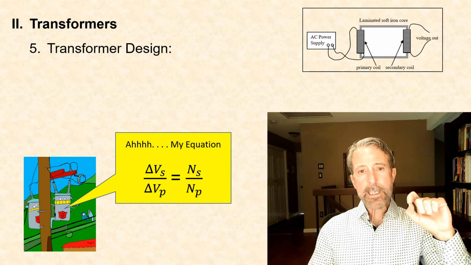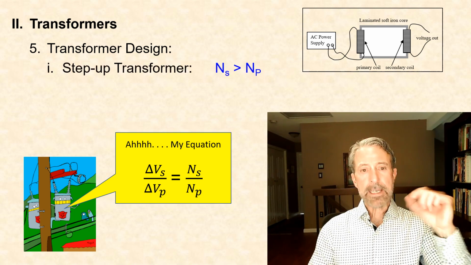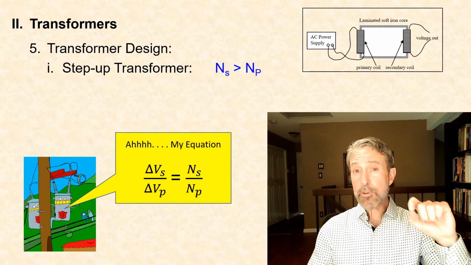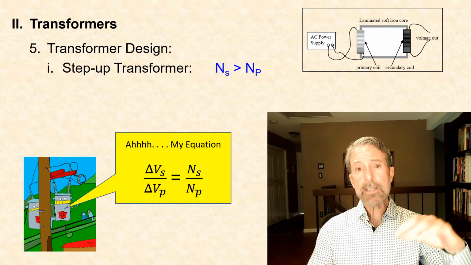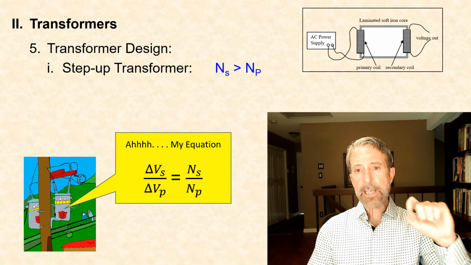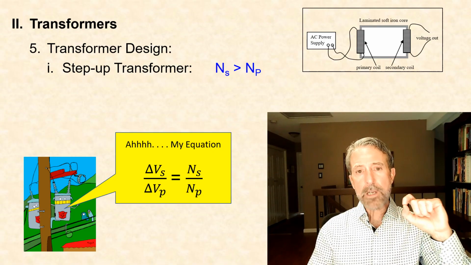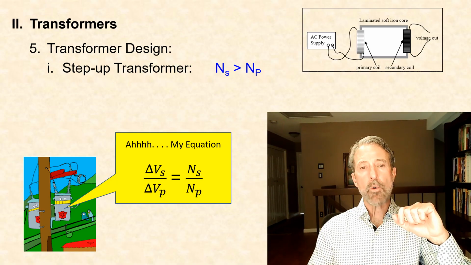So you can see very simply from the transformer equation that in the case of the step-up transformer, where you end up with a greater voltage out of the transformer than you put in, this is very simply accomplished by having a greater number of turns in the secondary coil than in the primary coil.